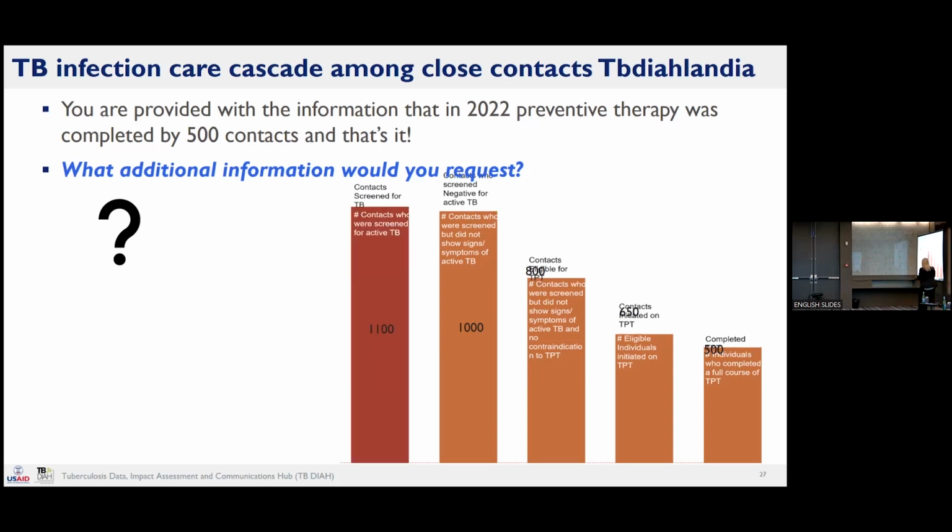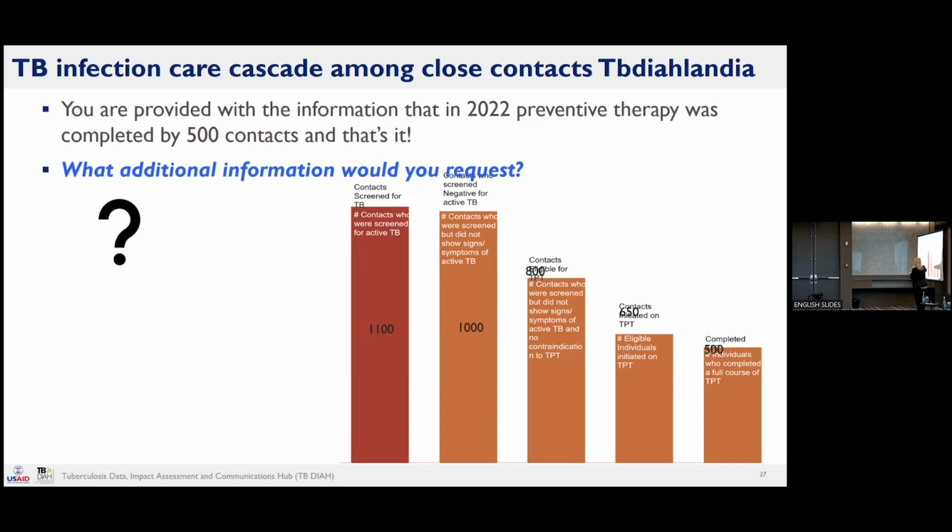For those, of course, if they don't have TB. Before that, we have contacts screened for TB. To start preventive treatment, we have to make sure that they do not have TB. Yes, okay.